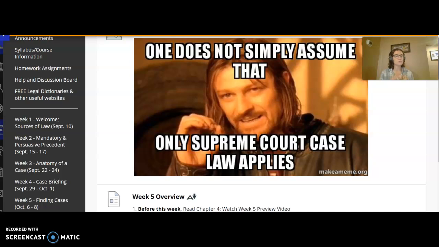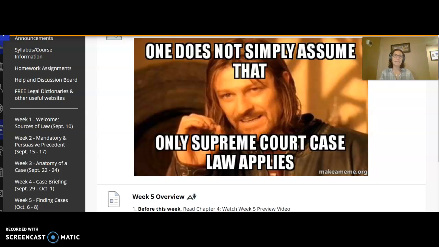So remember what I told you, I'm not going to ask you to memorize the name of every single reporter where every single court decision all around the country is published. That would be way too much. But what I will want you to know is the organization for how cases are published in the West reporter system. Because as we mentioned with the Northeastern reporter, that is the reporter system that attorneys use to practice law.